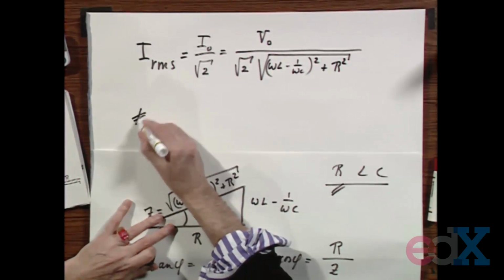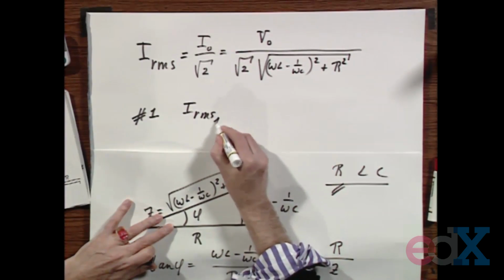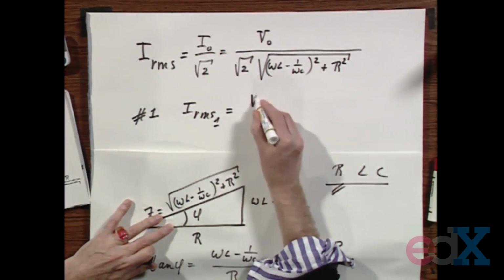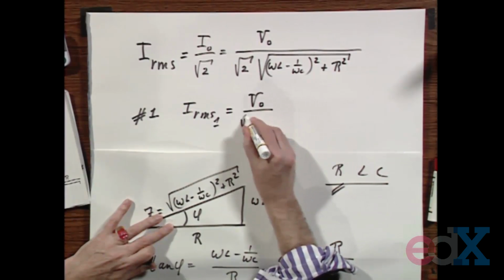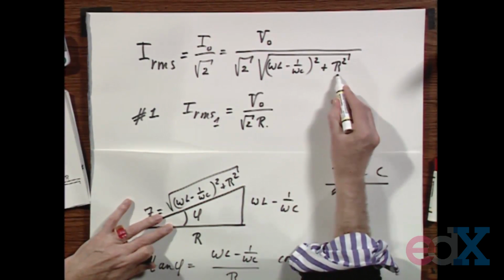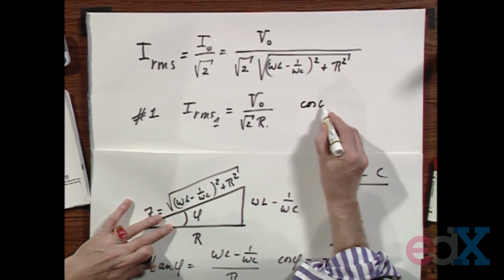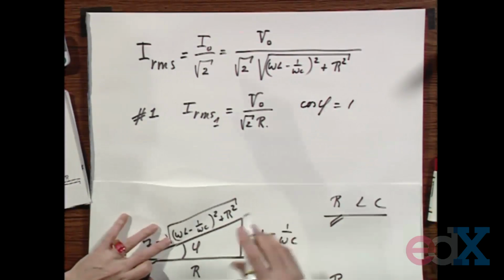So if now I go to station number 1, I RMS for station number 1 equals simply V0 divided by the square root of 2 times R, because when this is 0 at resonance, I only have an R here. Cosine phi equals 1.